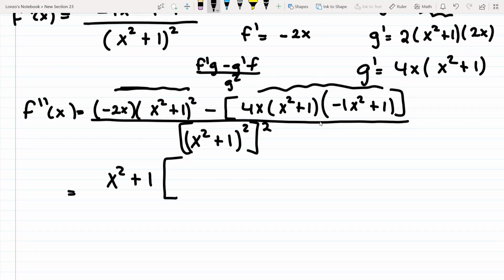If you focus here and take out an x squared plus 1, then you're left with a negative 2x, and we also need an extra x squared plus 1. And over here, since we're taking out x squared plus 1, we have the leftover of a 4x, and also because we have to distribute this minus, it's going to be minus 4x times this whole thing.